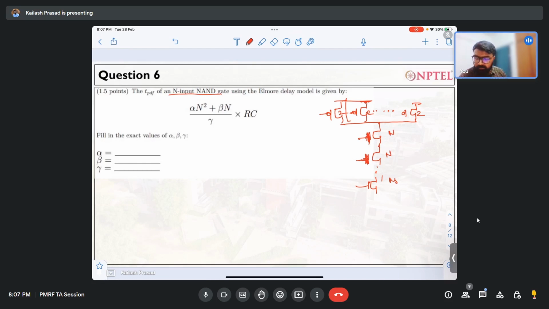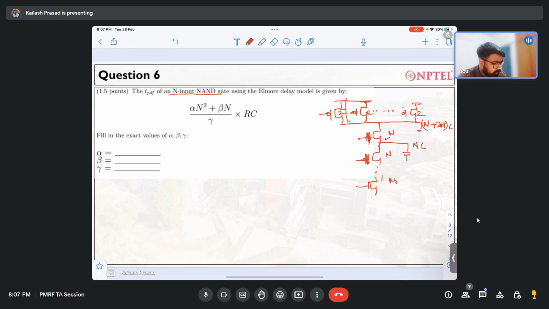So the output node, if you see, will have n from here, this capacitance, plus twice n from all the PMOSes, times C. So this much capacitance the output node will have. If you see from here, this particular node will have nC.